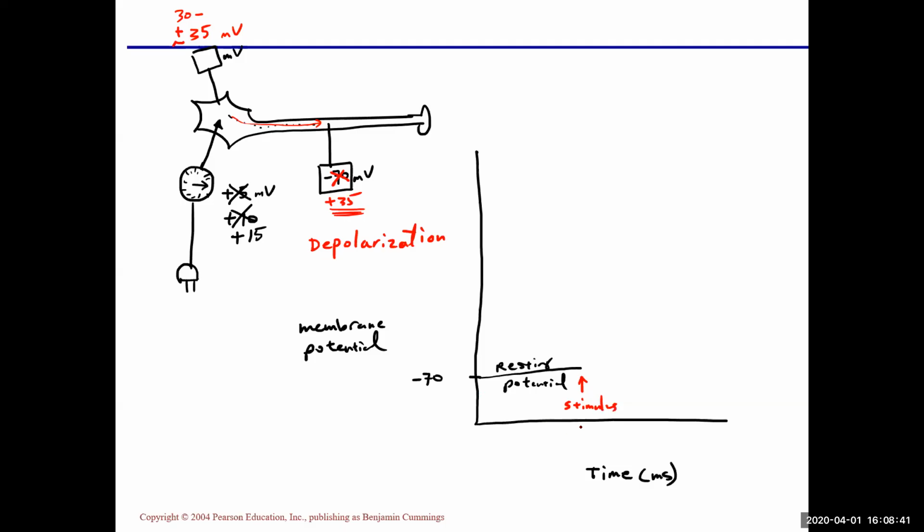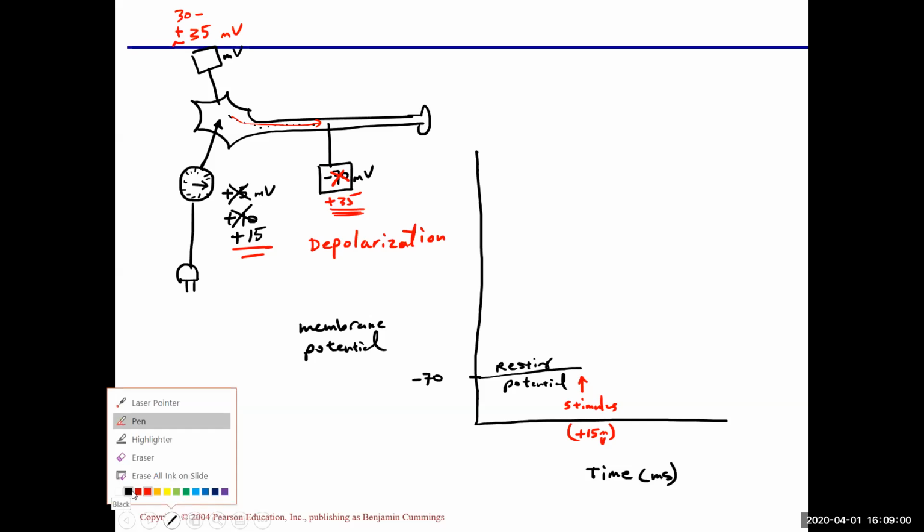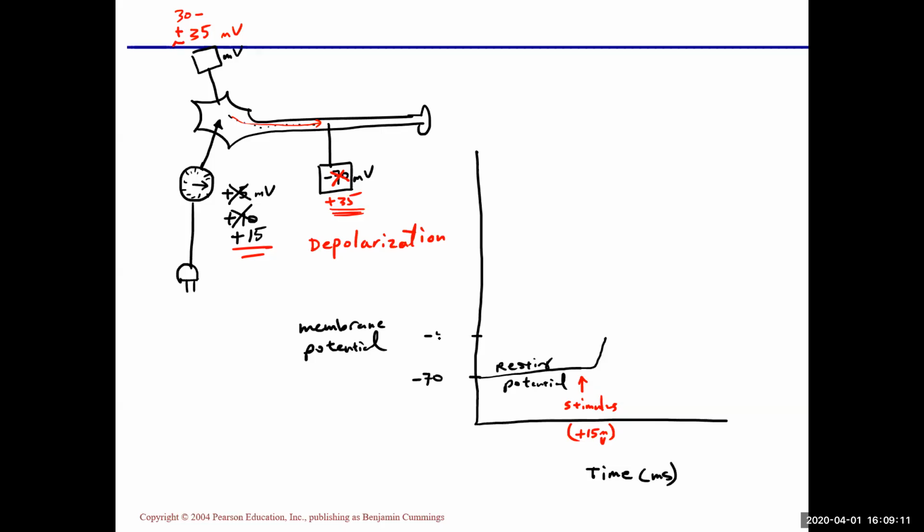In this case, we zap it with +15 millivolts, and what happened is it might take a little bit later, and it reaches -55, because +15 and -70 gives me -55.